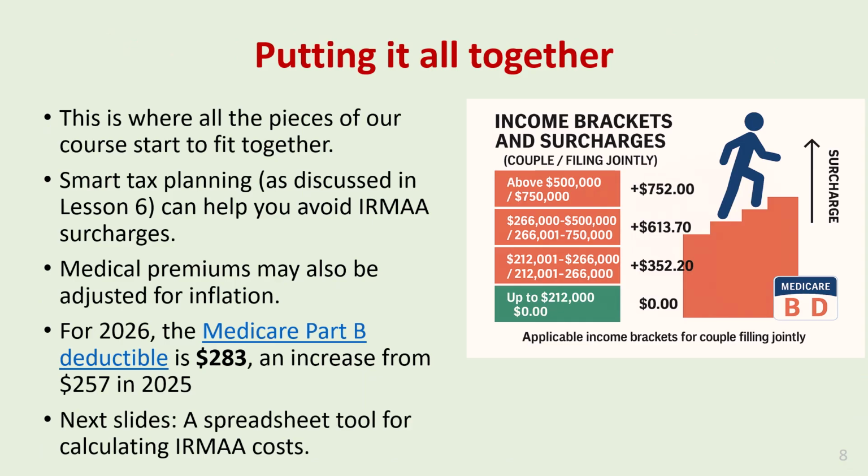All right, so this is where all the pieces of our course start coming together and start to fit together. We need to do some smart planning, which we covered in our earlier lessons. It is not just about lowering your current tax bill, it's also strategically lowering your MAGI to avoid thousands of dollars in annual Medicare surcharges.